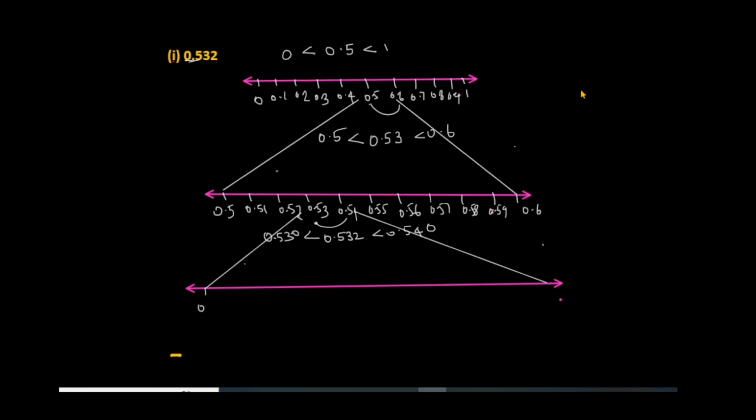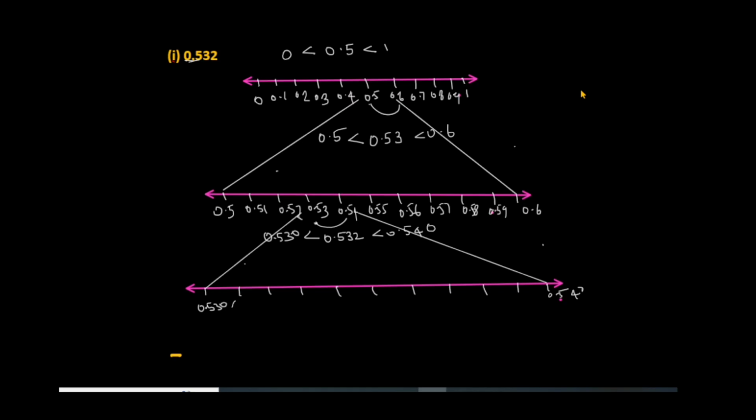So this is nothing but 0.530. This is nothing but 0.540. So in between, 10 parts. 1, 2, 3, 4, 5, 6, 7, 8, 9 and 10.